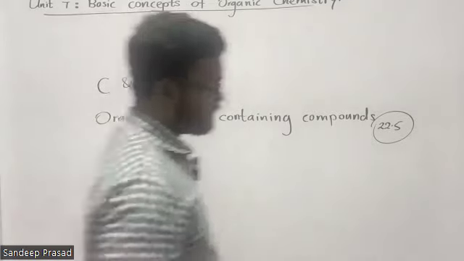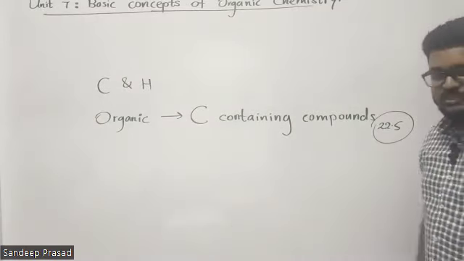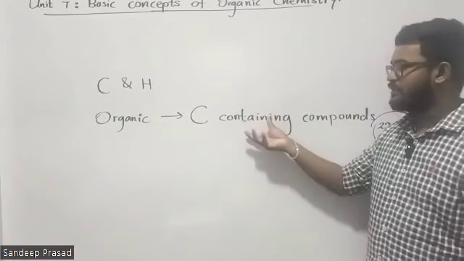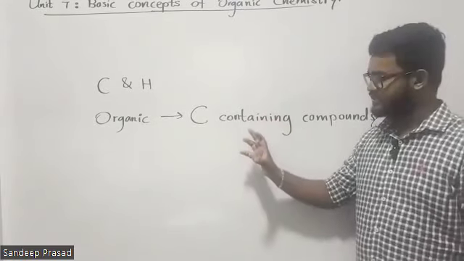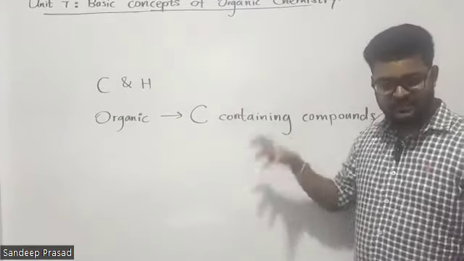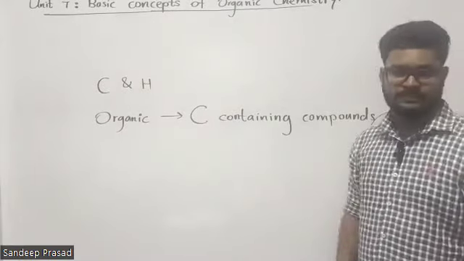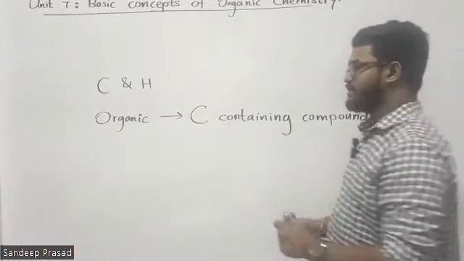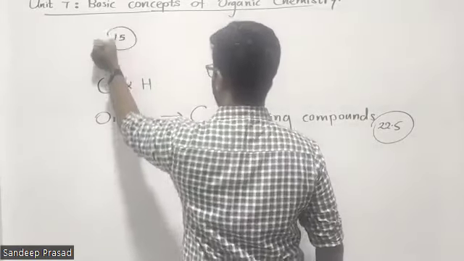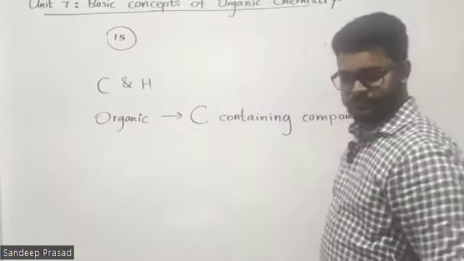Right, okay. So there are millions of carbon containing compounds. Among these millions of carbon containing compounds, we are going to discuss some categories, right? First of all, we are going to categorize these organic compounds into a few parts. We are going to discuss mainly 15 types of organic compounds, right?